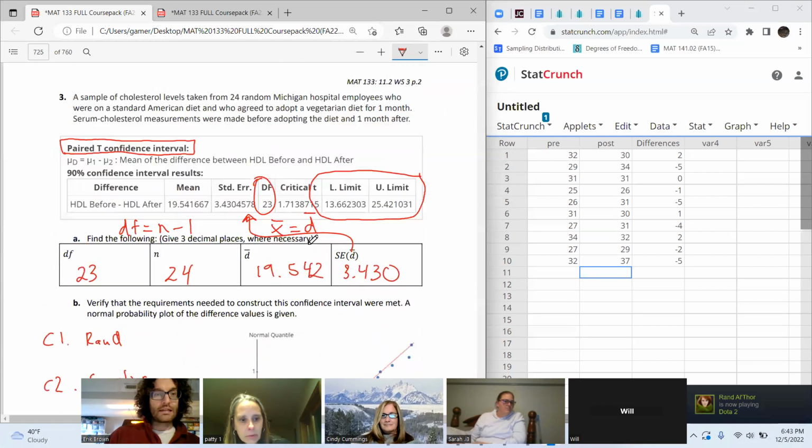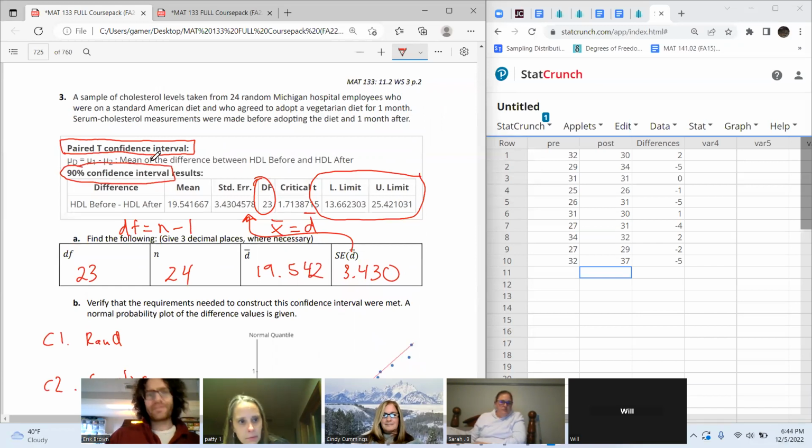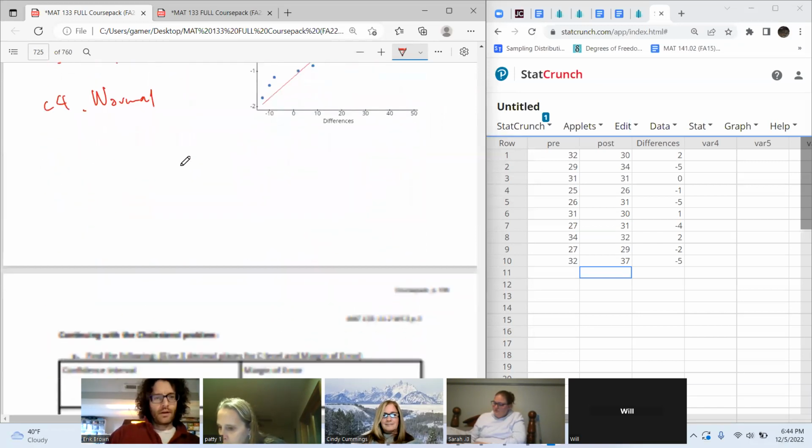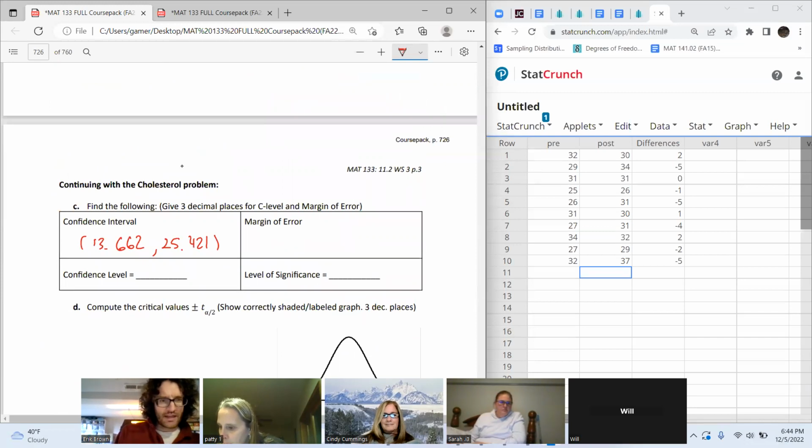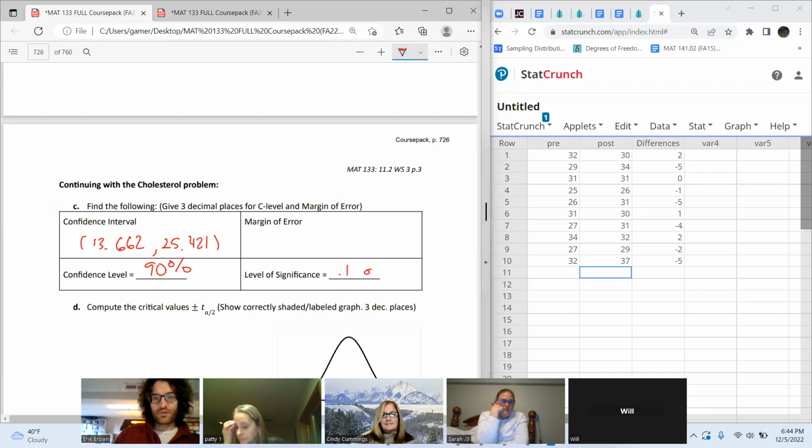It always said percentage confidence interval, which could trick people. So that would make that 90%. We needed these two things to more or less solve for the other two. So do we know the level of significance? 0.1. Nice. Or 10%, either one.